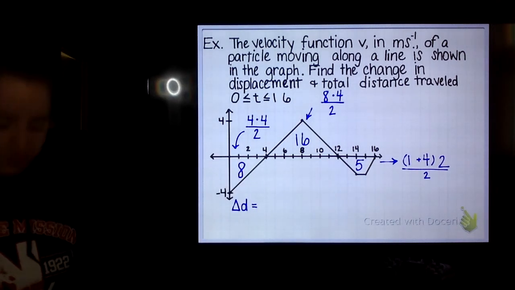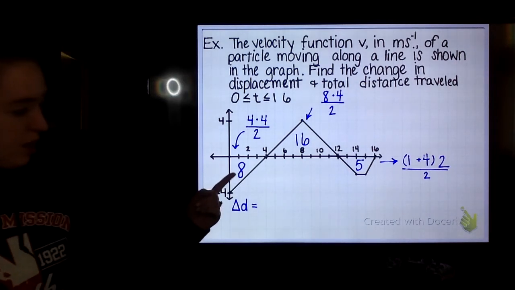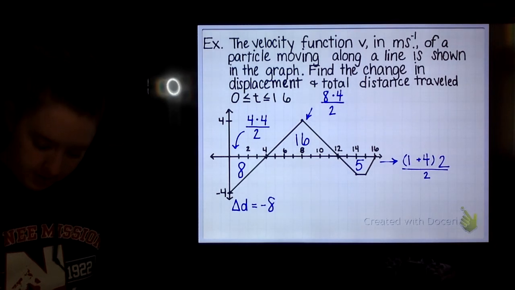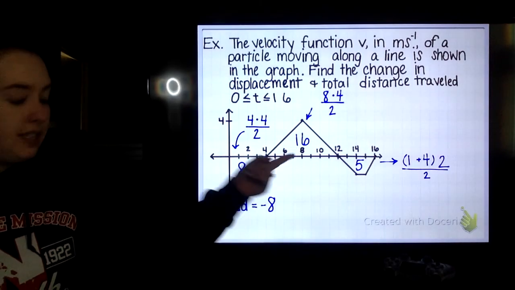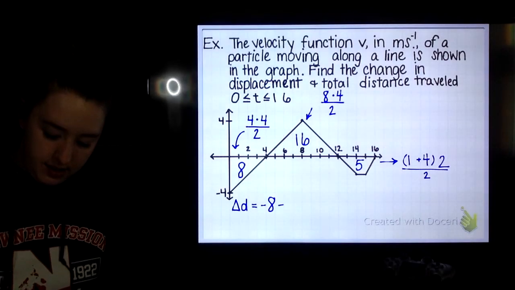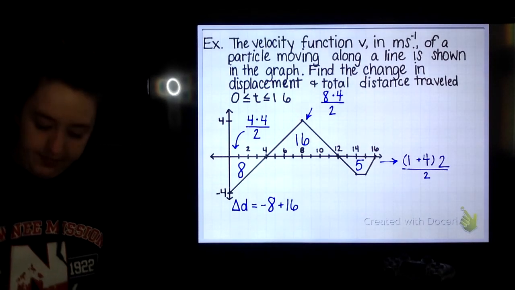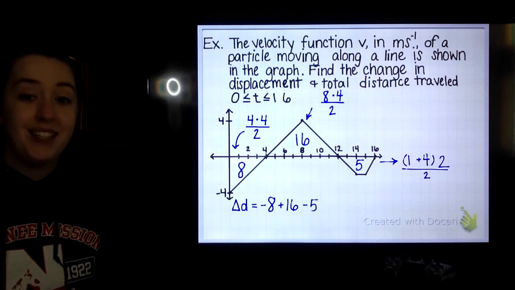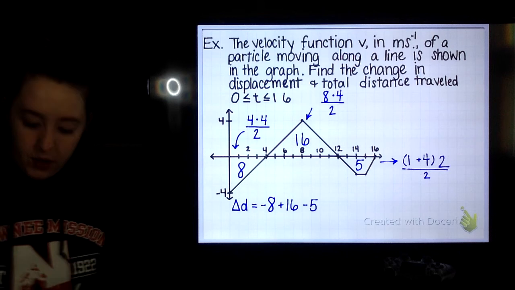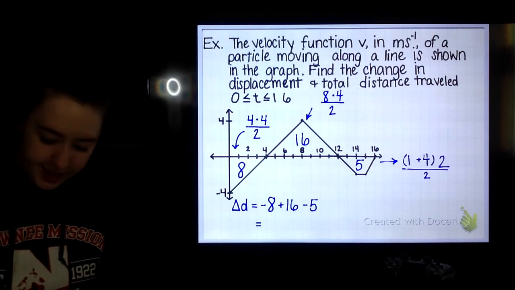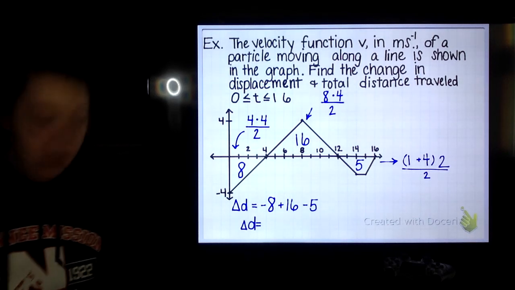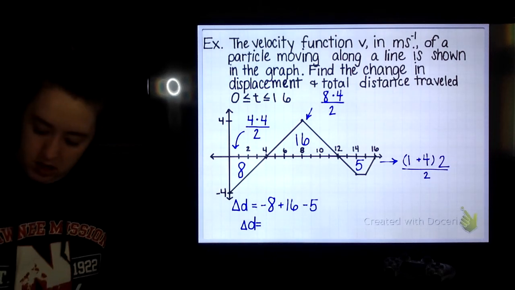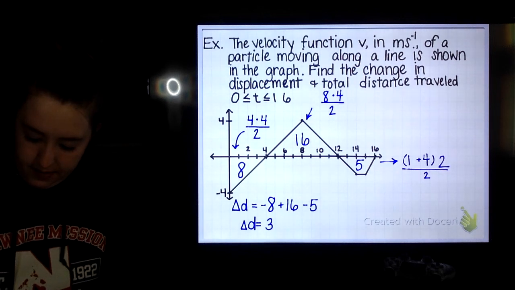So here we go. Below the x-axis, it's -8. 16 is above the x-axis, so that's positive. And then 5 is below the x-axis, so that's negative. So when we total that all together, the total change in displacement for this particle from 0 to 16 is 3 meters.